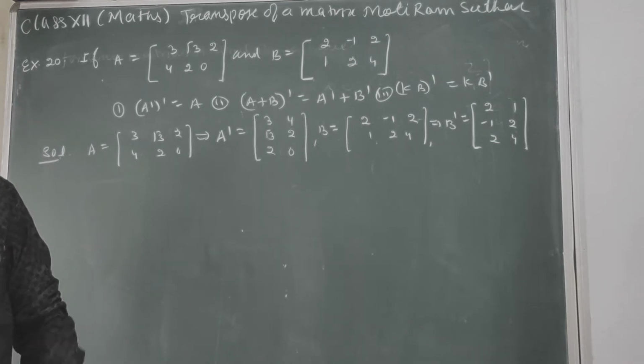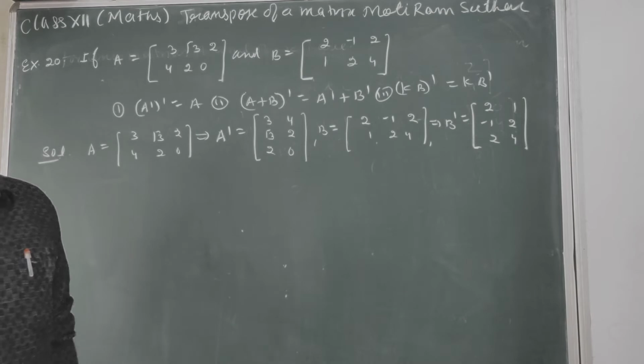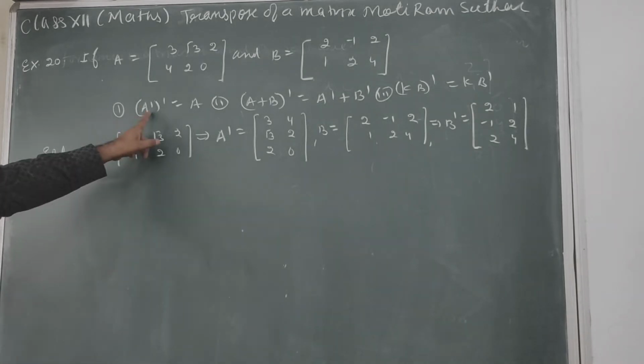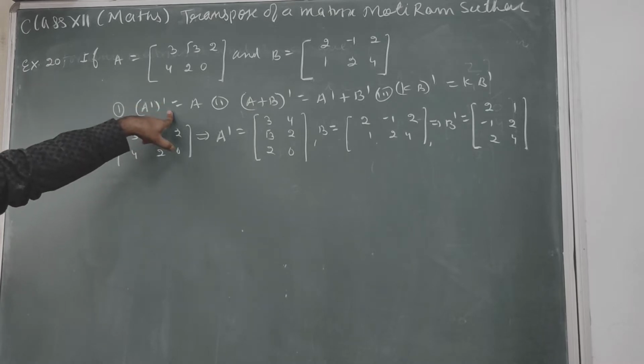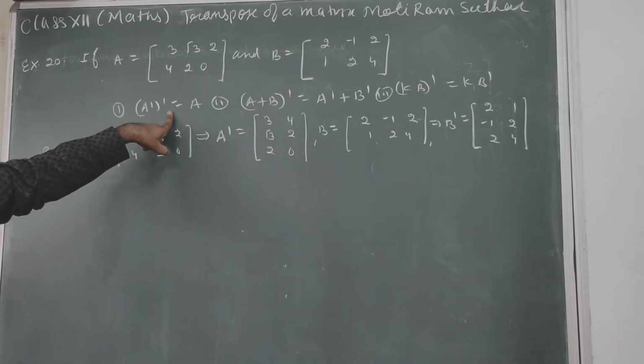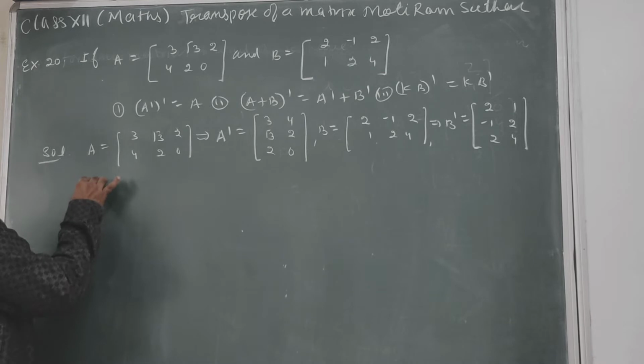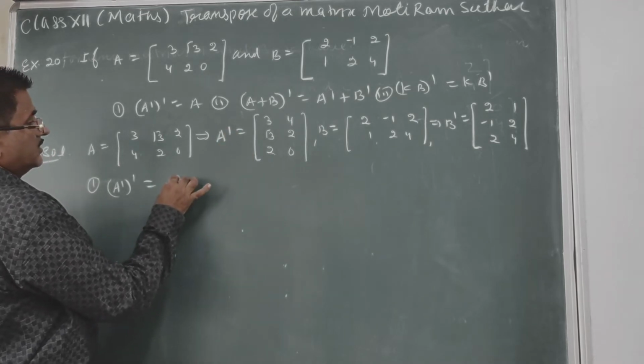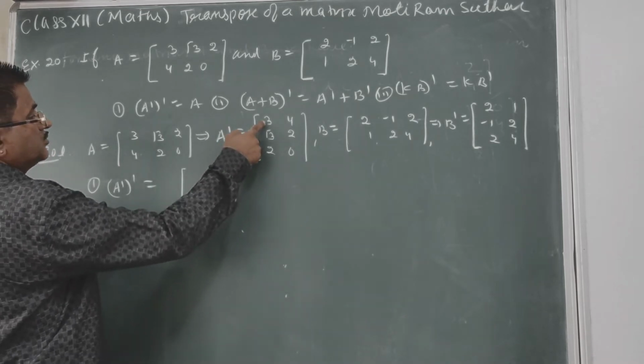So now we have to find the first part, that is, A transpose transpose. So A transpose is this matrix, and we can find the transpose of this.